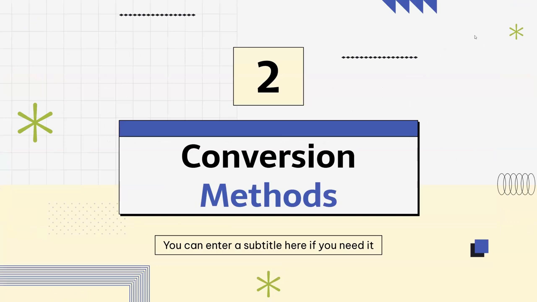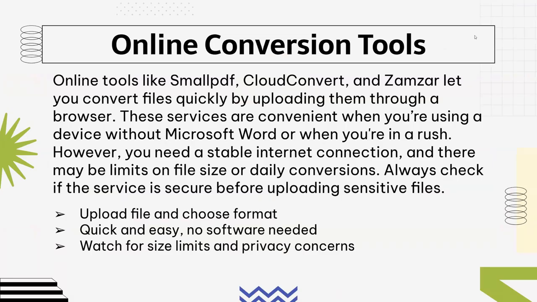So number 2, conversion methods. So here are some online conversion tools. Now we can talk about it. I think it's in one of the other slides that's coming up. You can always convert with Google Docs or Microsoft Word, but here are some other online conversion tools you can use. Online tools like Small PDF, Cloud Convert, and Zamzar let you convert files quickly by uploading them through a browser.